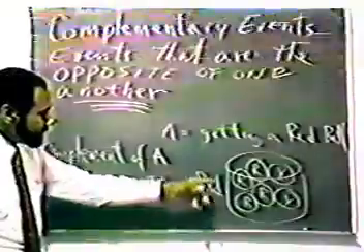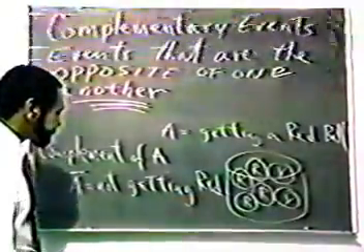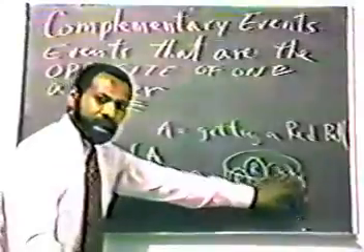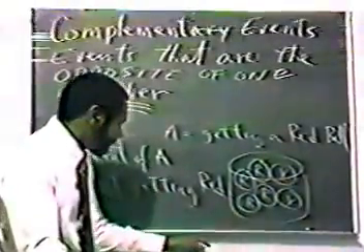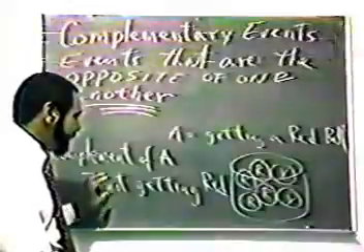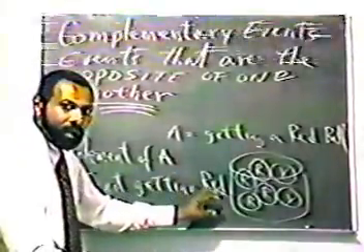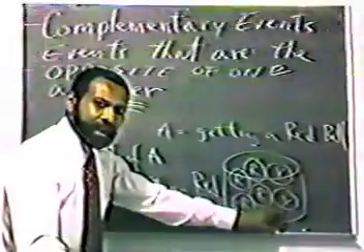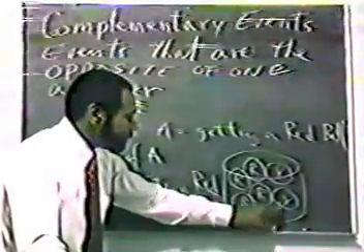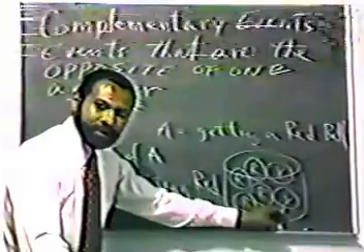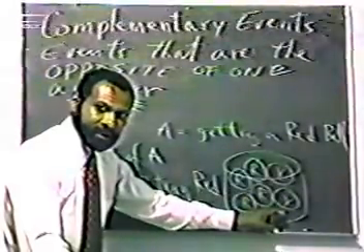Now, if we look at the example we have here, we only have red and yellow balls in the container. So this means that the complement of A, not getting a red ball, is the same as getting a yellow ball, because if we don't get a red ball, we would have to get a yellow ball in this case.